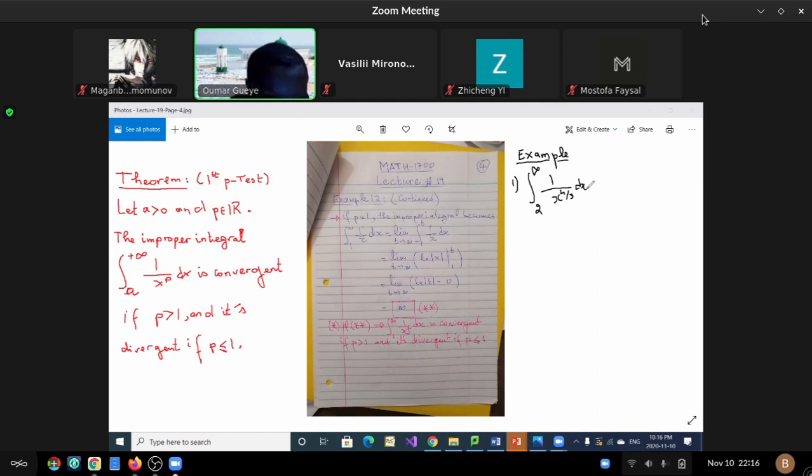We don't need to calculate it. It's quite easy to calculate, but we just want to know, based on the p-test, is this integral convergent or divergent? So what do you guys think? So we have 1 over x to the power 4 by 3, sorry.